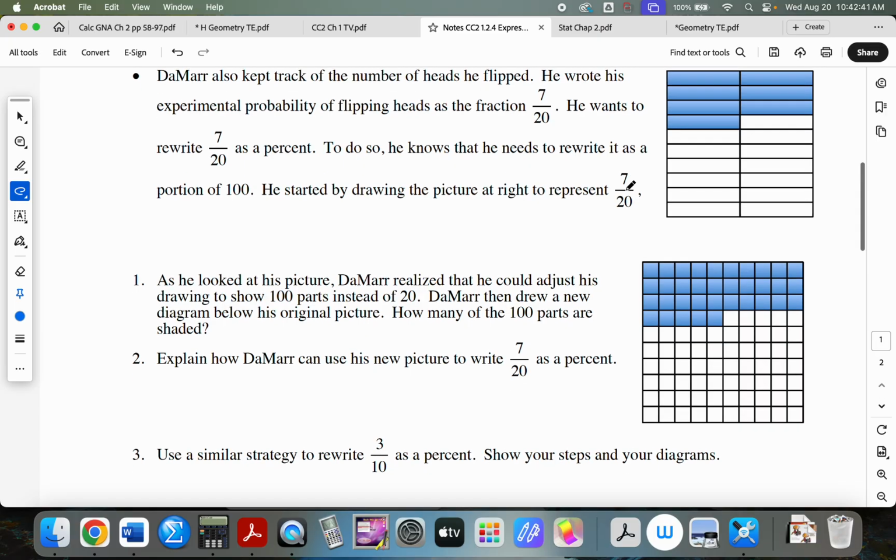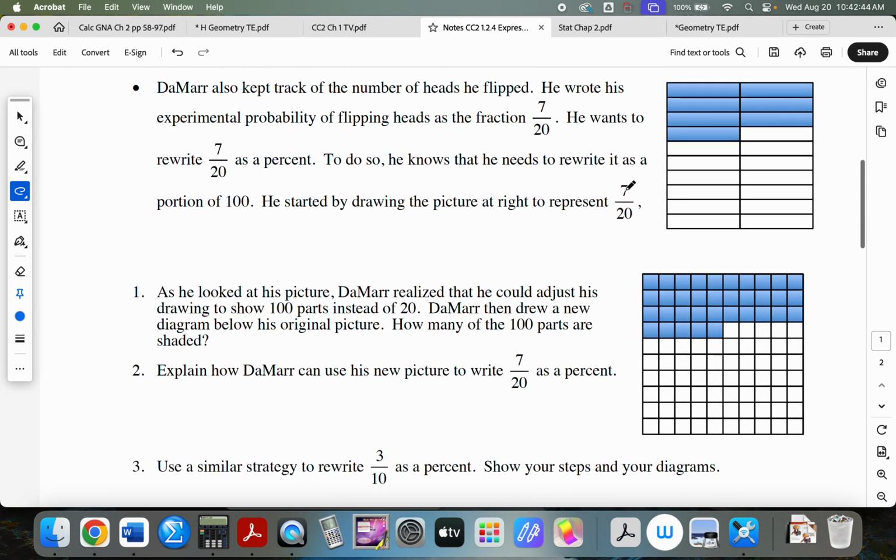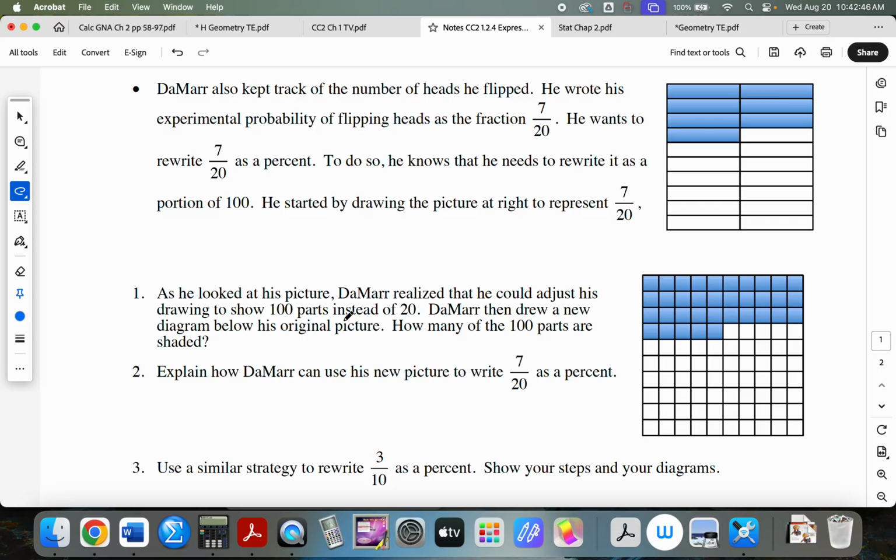After looking at his picture, he realized he could adjust it to show parts out of 100. Then he drew a new diagram below his original picture. So now there are 10 by 10, 100 of these little squares. How many of these 100 parts are shaded? Well, that's 10, 20, 30, 1, 2, 3, 4, 5.